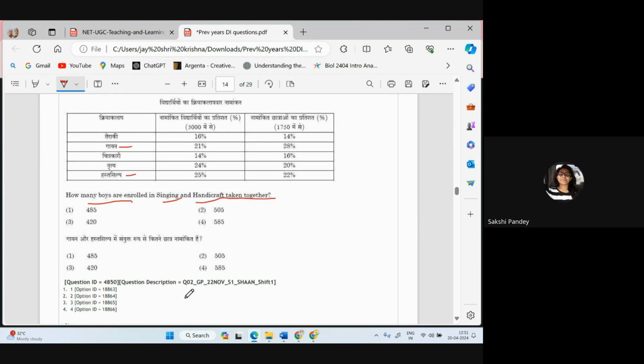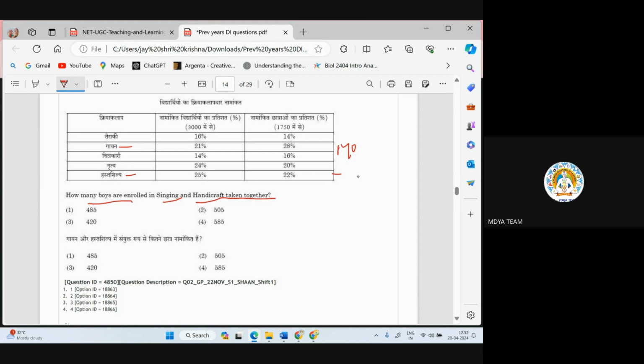For singing, it's 140. Yes, sir, 150. And for handicraft, so 365.